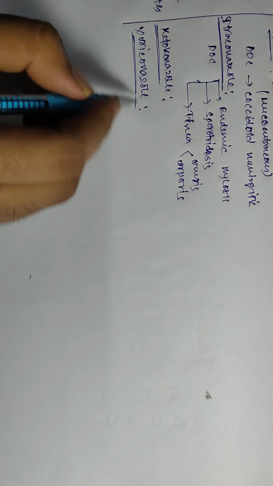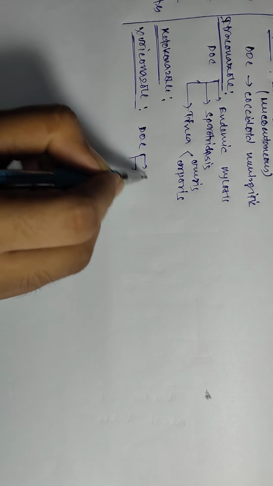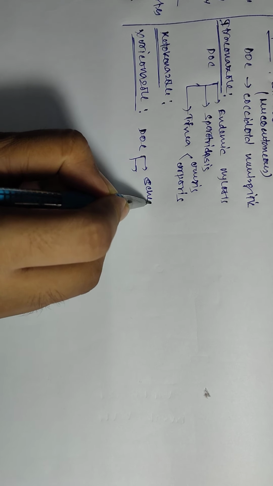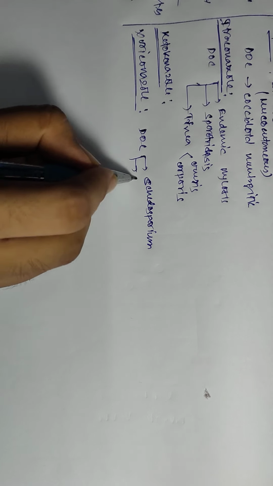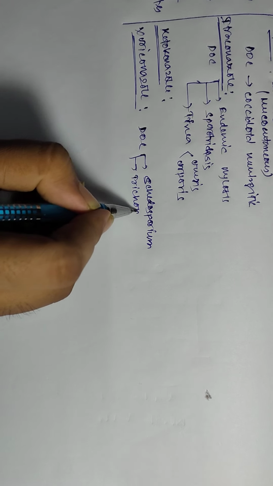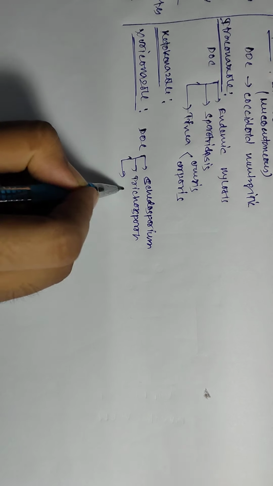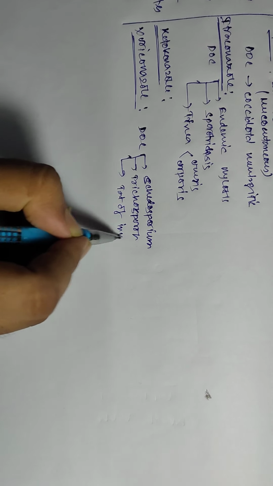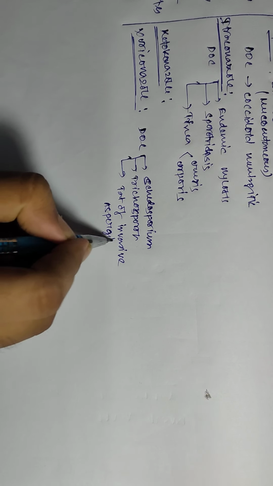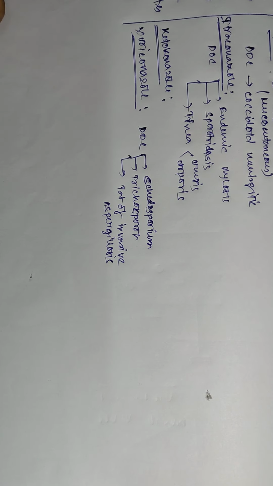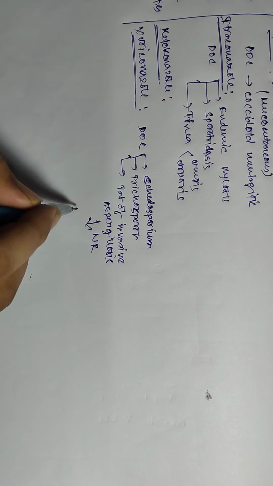So voriconazole is the drug of choice for Scedosporium, trichosporon, and for the treatment of invasive aspergillosis, right? And if it is not responding to itraconazole, then we can use the posaconazole. Okay.